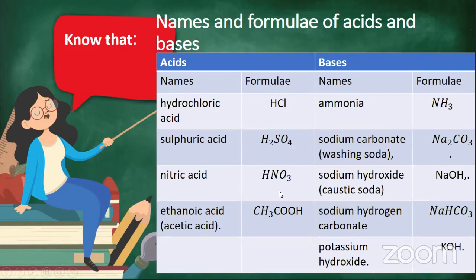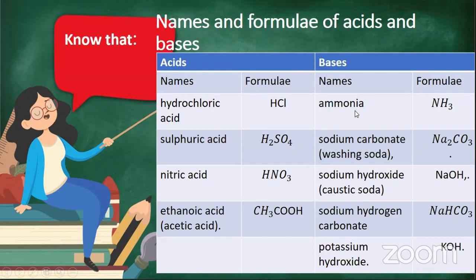Ethanoic acid, which is also called acetic acid, is a component of vinegar. It forms 6% of vinegar. And it is CH3COOH.